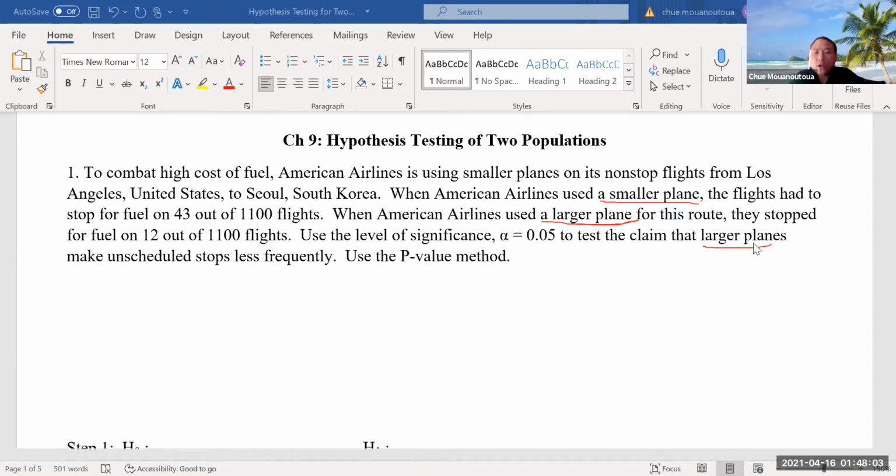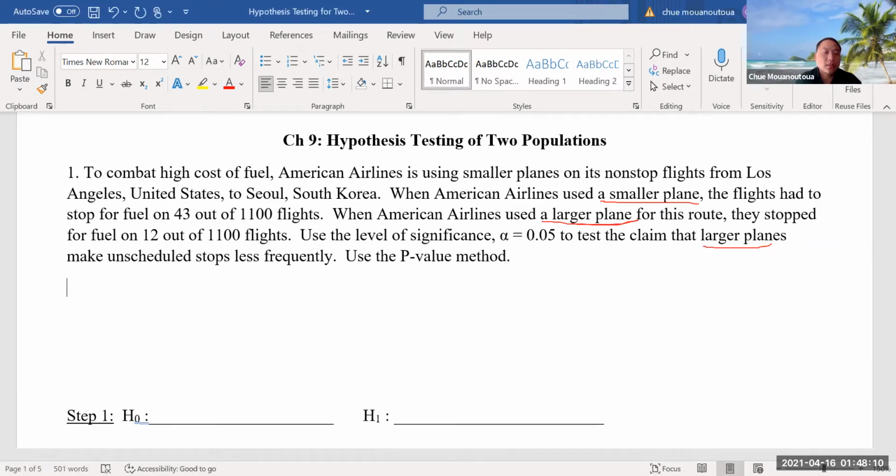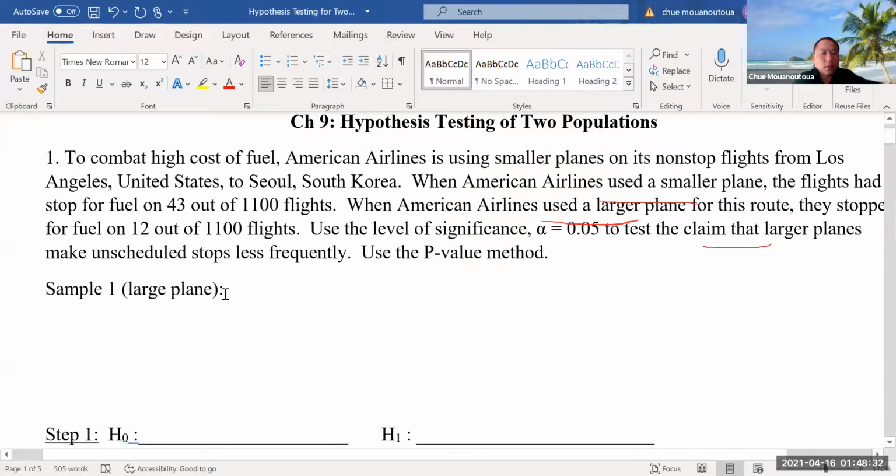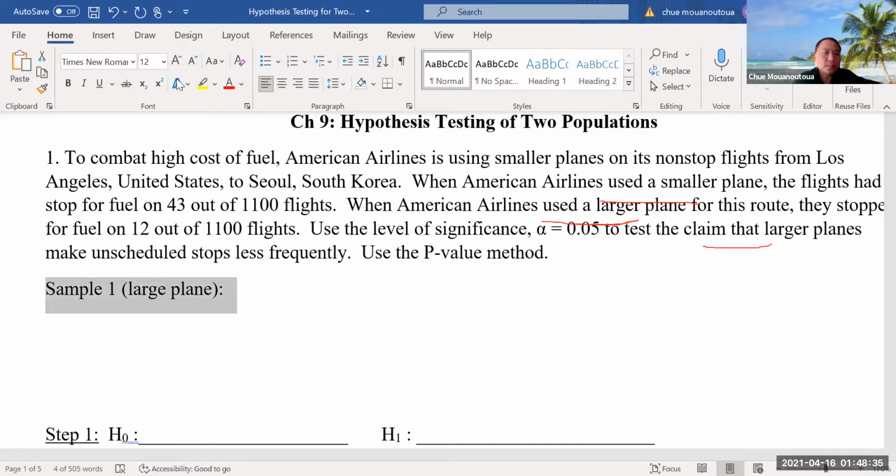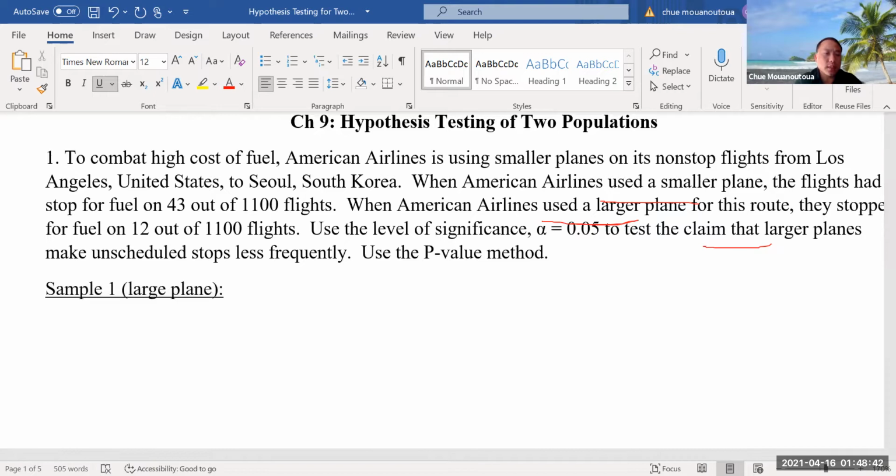So sample one will be the large planes, and sample two will be the small planes.